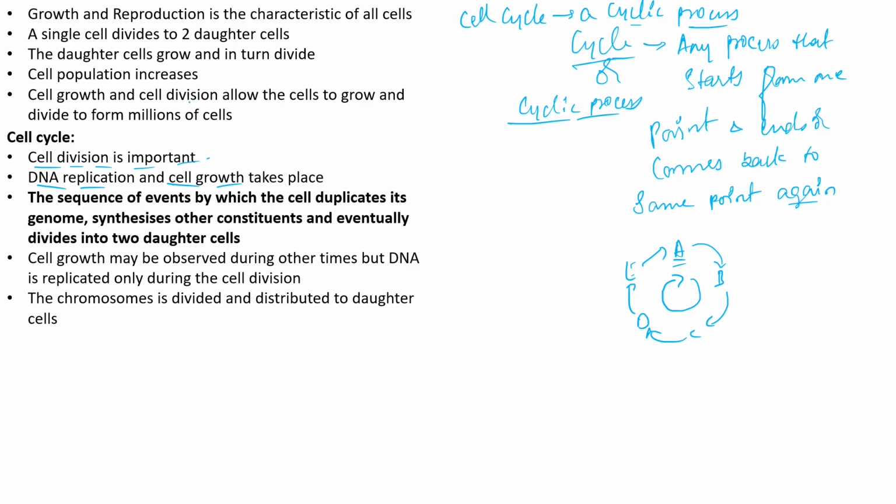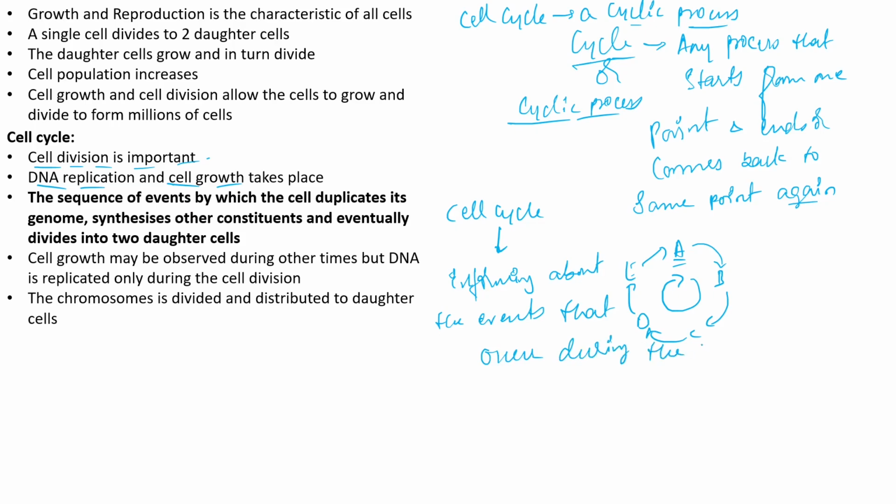The difference between cell division and the cell cycle is that the cell cycle is mainly informing us about the events that occur during the cell cycle, right? These events, the most important term is what?